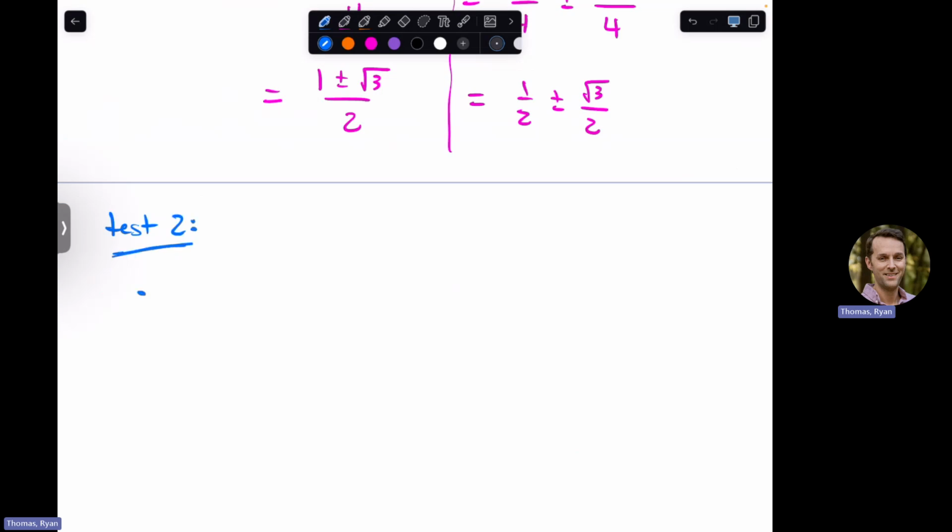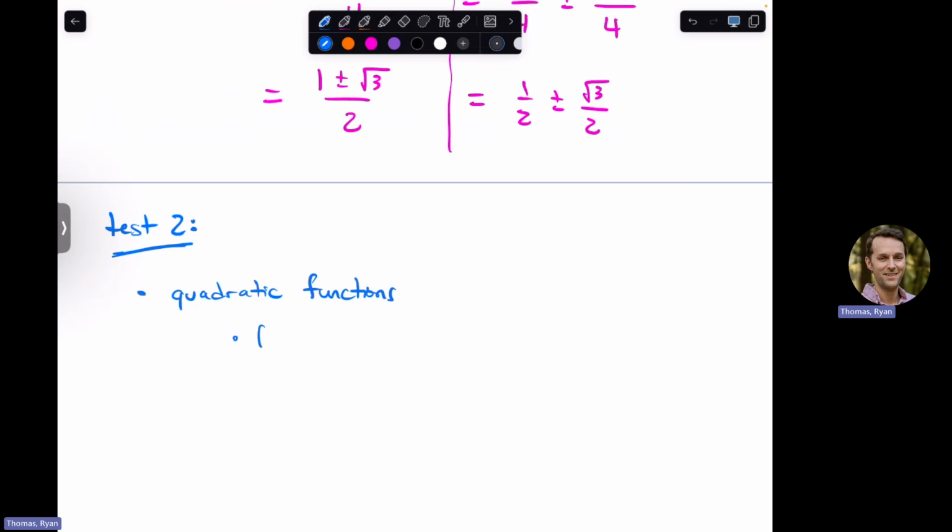So here's at least a partial list of stuff that we've talked about to expect on test 2. Quadratic functions.